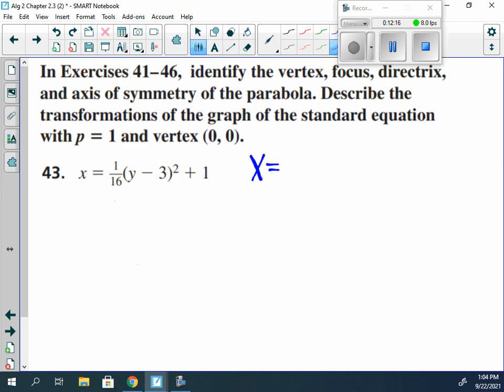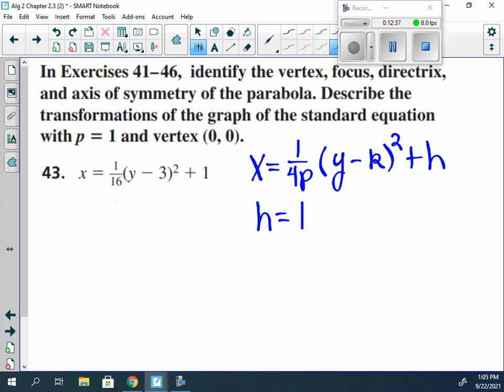Because x is equal to what? 1 over 4p parentheses what? (y minus k) squared plus h. So because it is x equals and not y equals, h is 1. K would be 3.